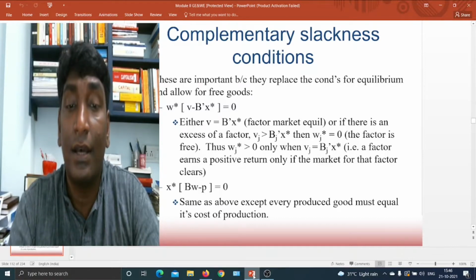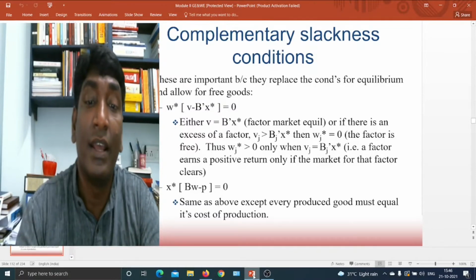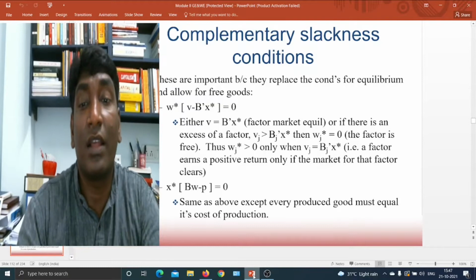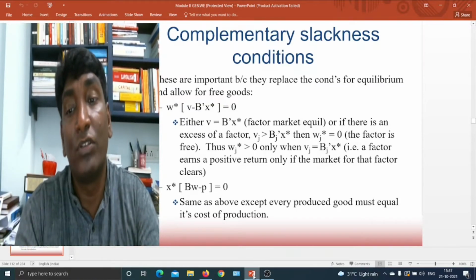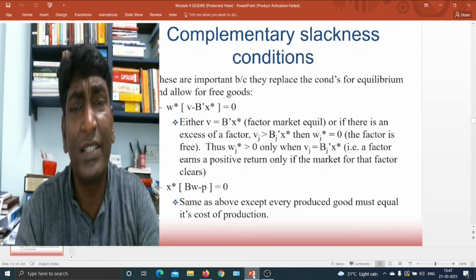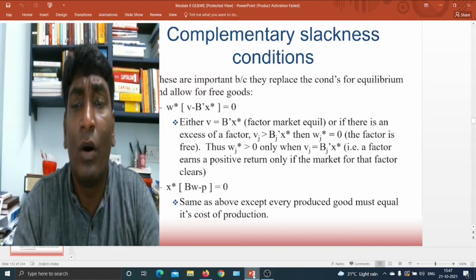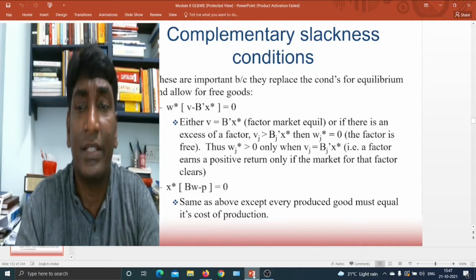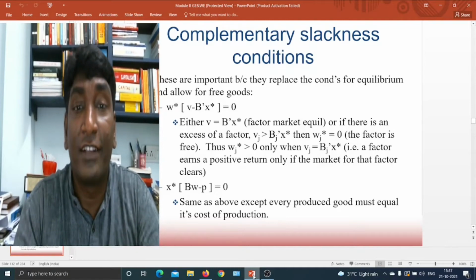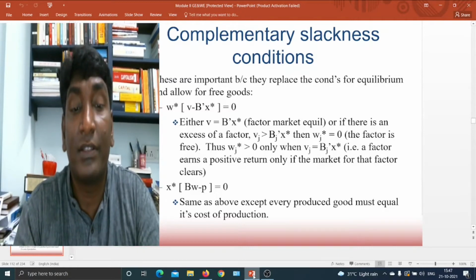Either v is equal to b dash x star, factor market equilibrium, or if there is an excess of factor Vj which is greater than Bj dash x star, then you have Wj equal to 0. The factor is free here. Thus Wj star is greater than 0 only when Vj is equal to Bj dash x star. That is, a factor earns a positive return only if the market for that factor clears.